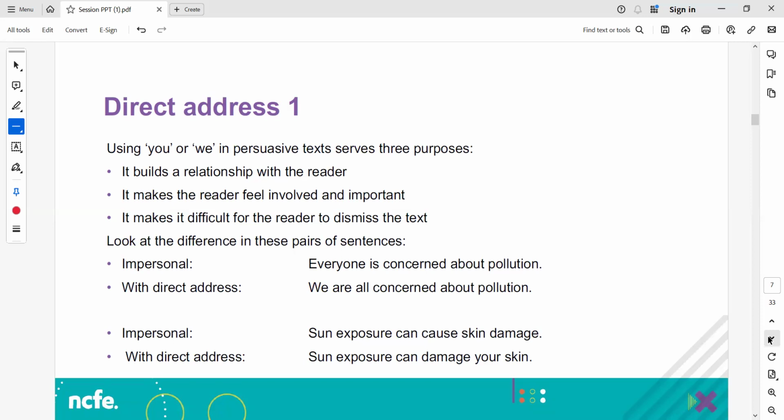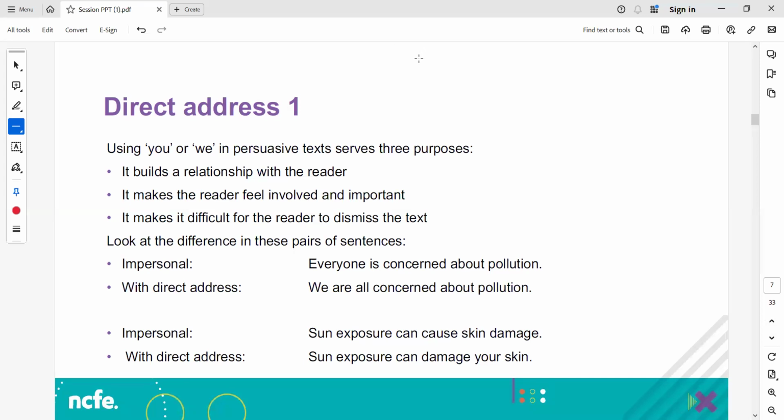So we've got some sentences here to show the difference between impersonal and using direct address. So impersonal: everyone is concerned about pollution. With direct address: we are all concerned about pollution. Has anyone got any comments about the difference there?